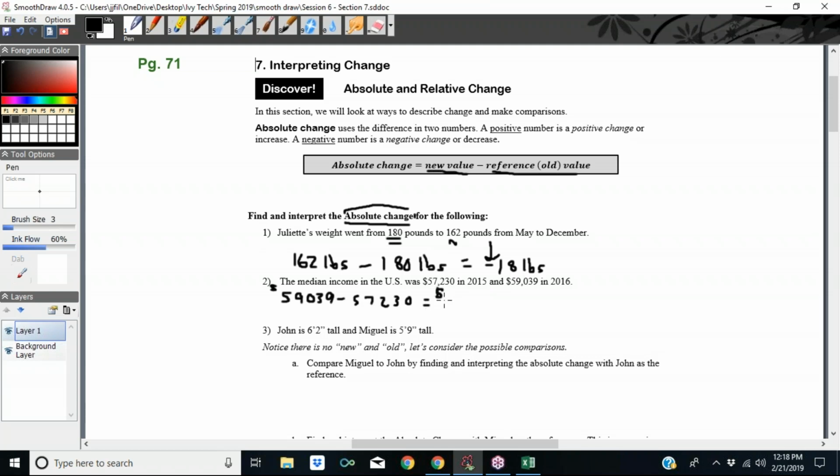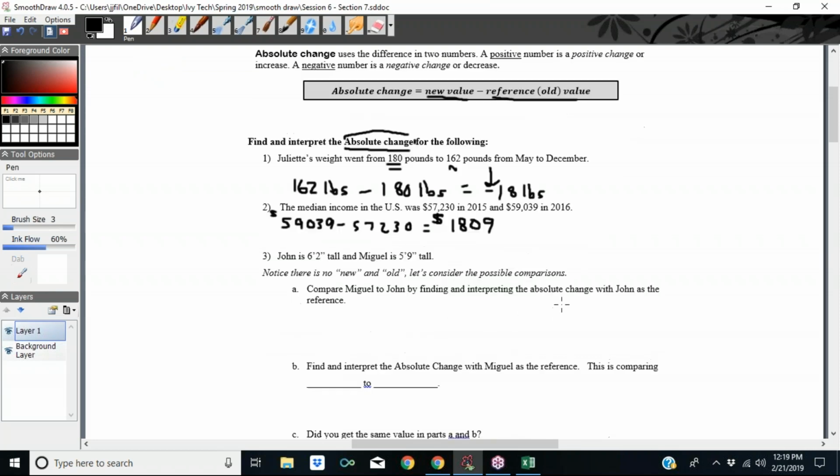You can always help out if your calculator is handy. It looks like it's going to be $1,809. So we could say the median income in the U.S. increased $1,809 from 2015 to 2016. So since it's positive, we say it's an increase. If it's negative, we say it's a decrease.